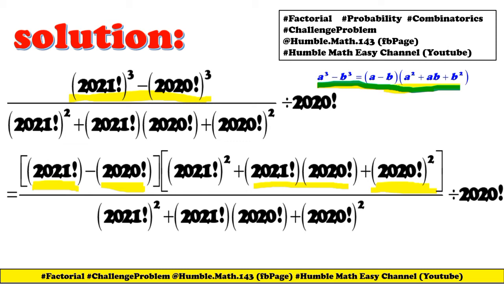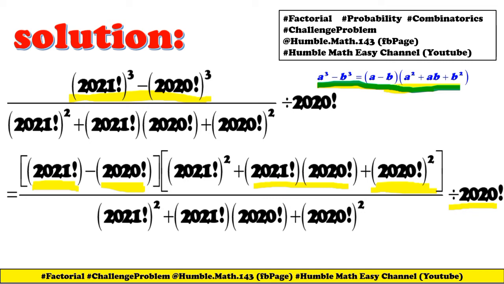Then we also copy the division symbol, then divided by 2020 factorial.